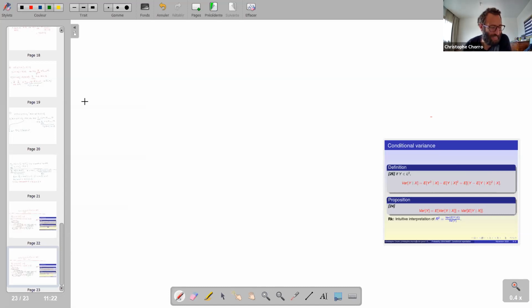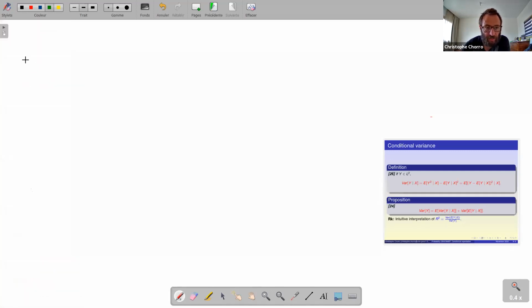Now I have a very nice proposition, proposition 24, that tells me that the variance of y is equal to the expectation of the conditional variance plus the variance of the conditional expectation.